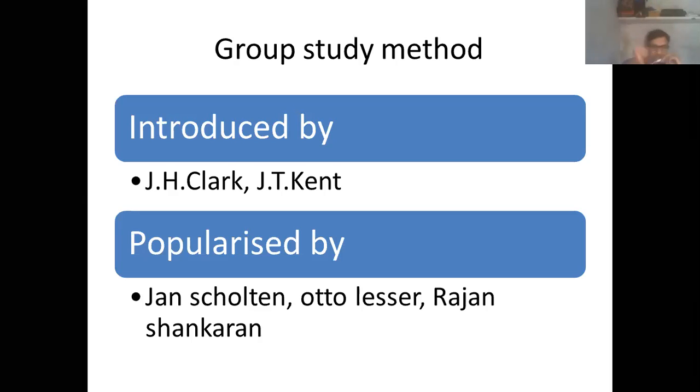Now, why do we have to remember James Tyler Kent? Because he has written the beautiful picture-type materia medica, Lectures on Homeopathic Materia Medica. And there is one more book by James Tyler Kent, that is Lesser Writings.